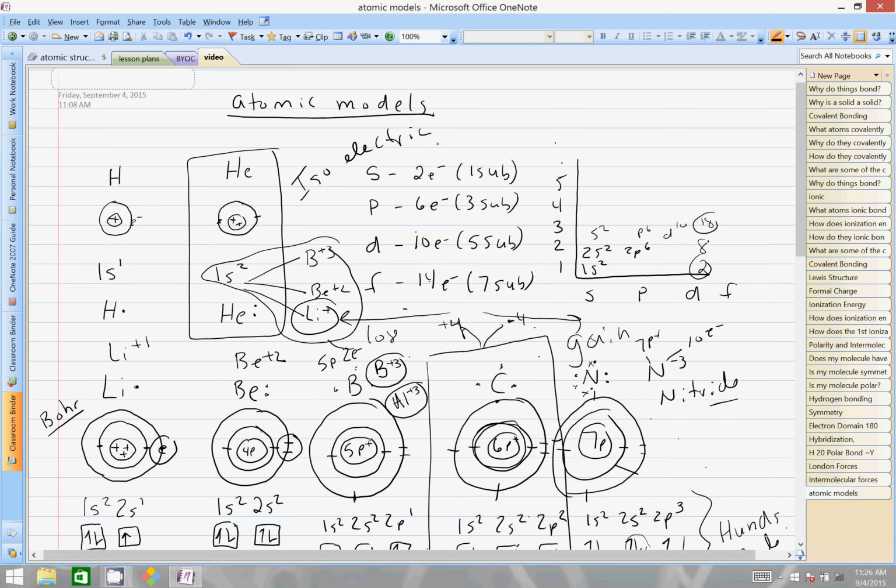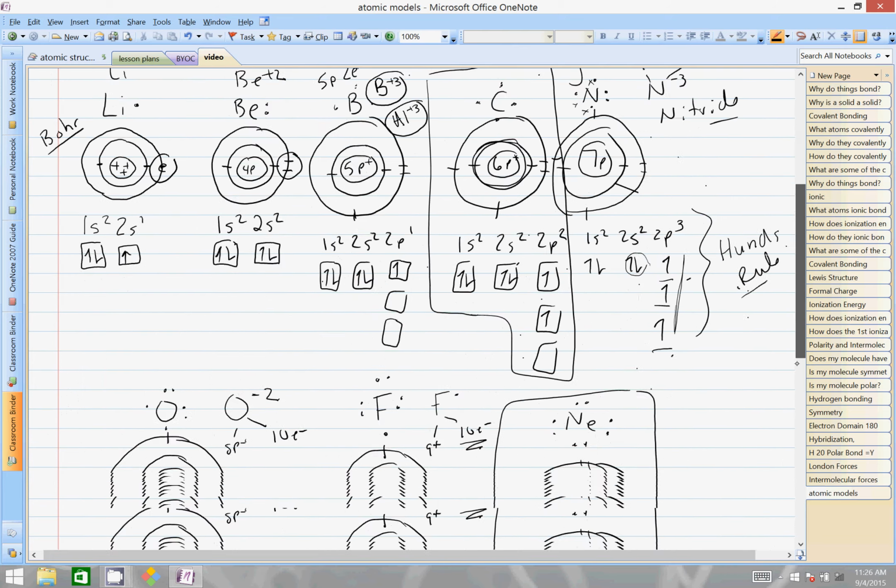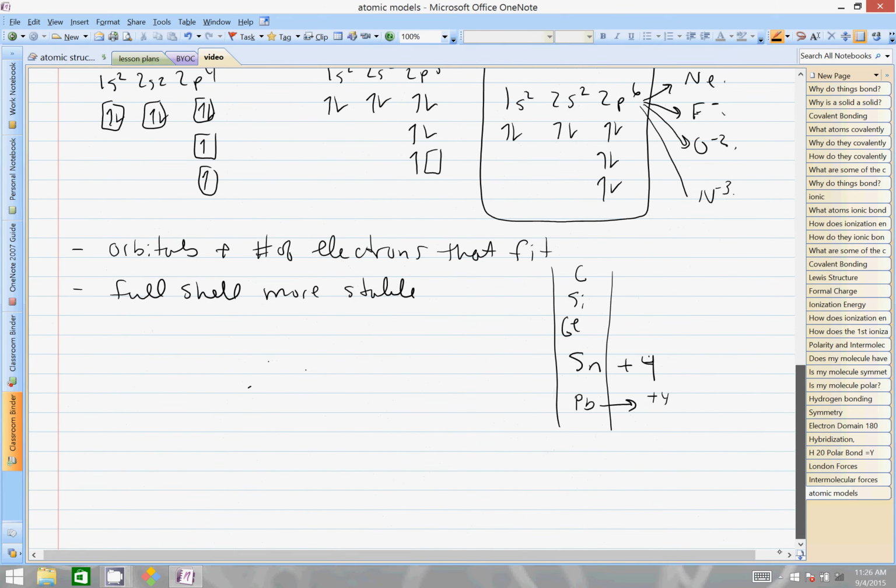Isoelectronic is, I guess, a common term. Iso meaning same electrons, same electron configuration, same number of electrons. So a quick summary here, okay. We have full shells here and gaining and losing electrons. Let's draw a little picture of a periodic table here. Things you should know at this point.